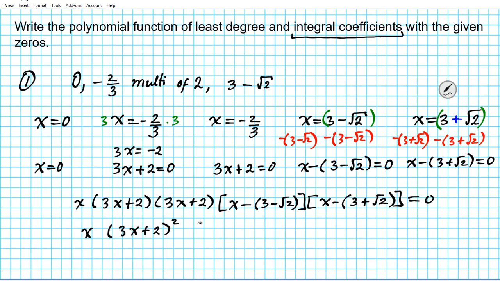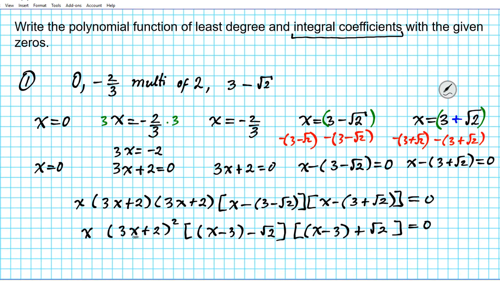I'm going to use the associative property to rewrite this as the quantity x minus 3 minus root 2. And then here we reorient using the associative property. Here we rewrite it as x minus 3 plus root 2. So you might wonder, why are we doing this? We'll talk about that in a second.